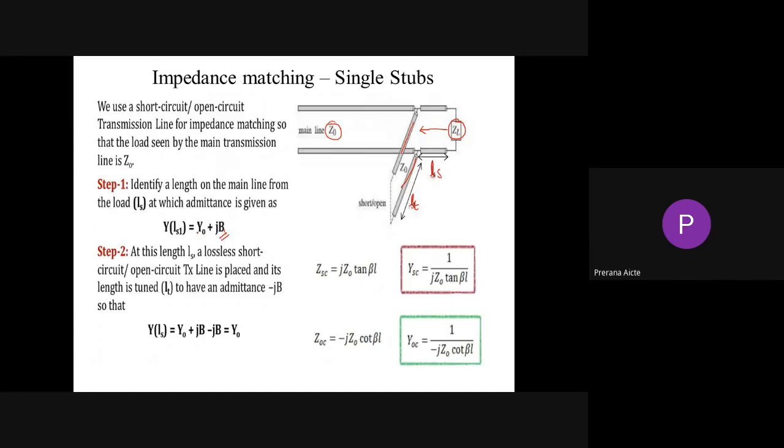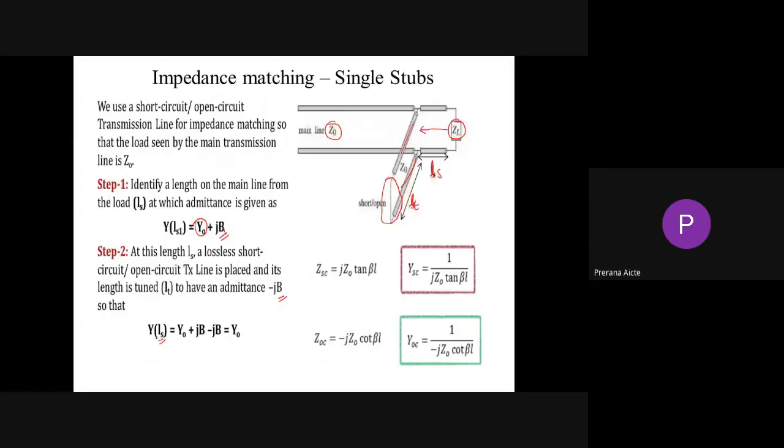At this length L of S, a lossless short circuit or open circuit transmission line is placed, and its length is tuned L of T to have the admittance of minus jB.